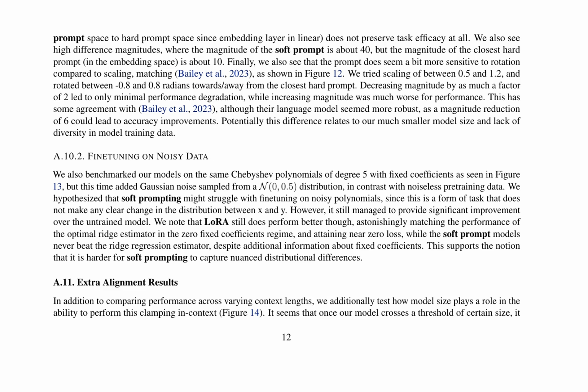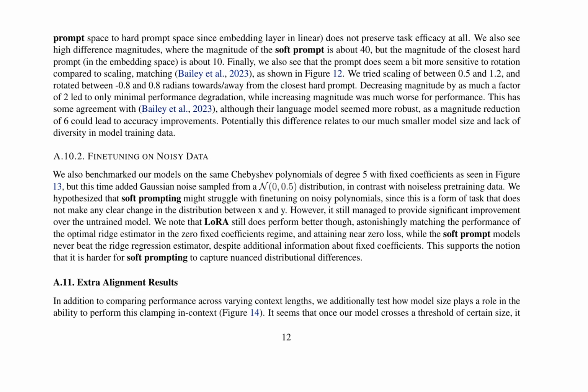Soft prompting is found to struggle with fine-tuning on noisy polynomials, which is attributed to its inability to capture nuanced distributional differences. The study also investigates the impact of model size on performance, with results indicating that larger models are better able to perform well on the clamping task. However, the optimal model size is not determined, and further research is needed to fully understand the relationship between model size and performance.